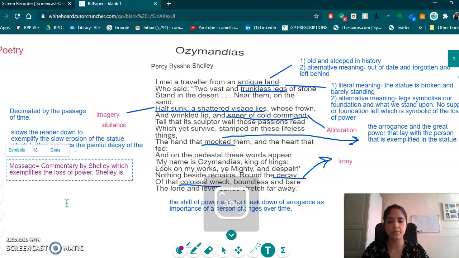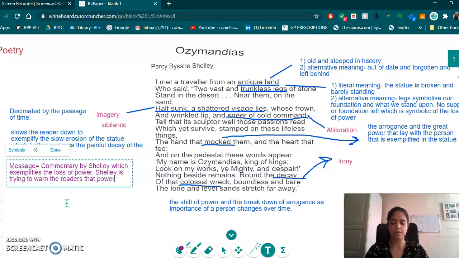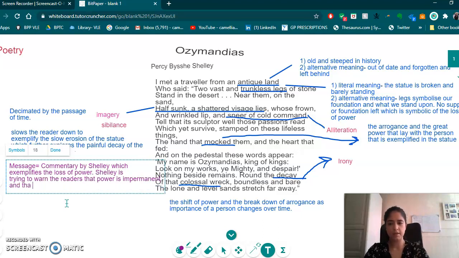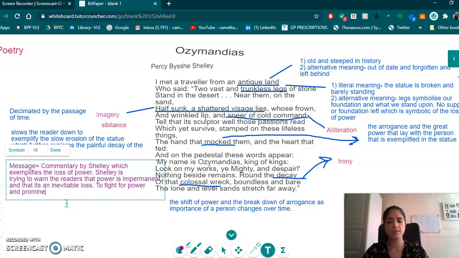Shelley is trying to warn his readers that power is impermanent, and that it's an inevitable loss. To fight for power and prominence is a futile battle.